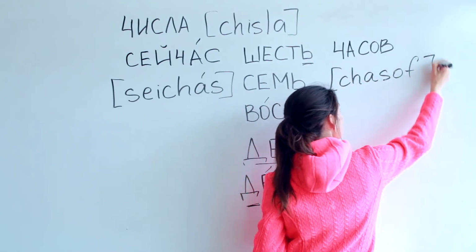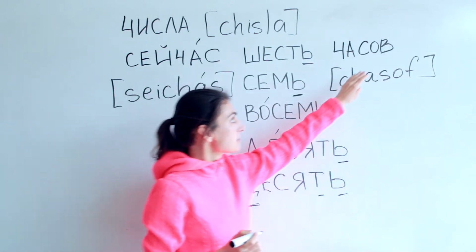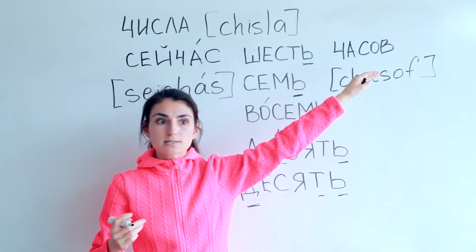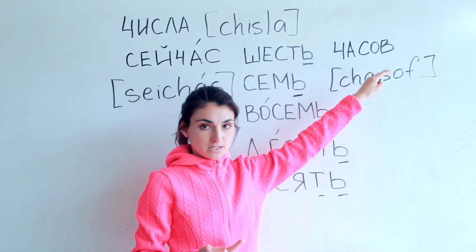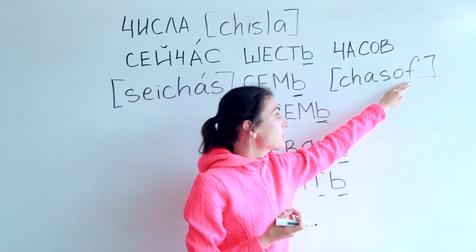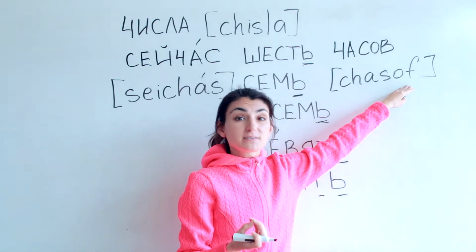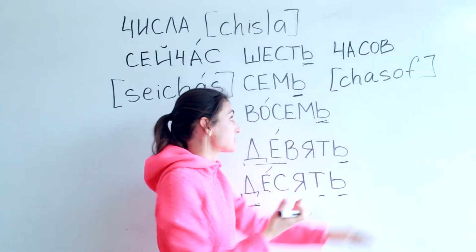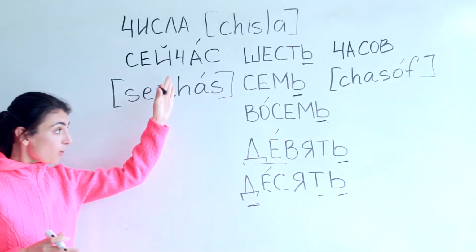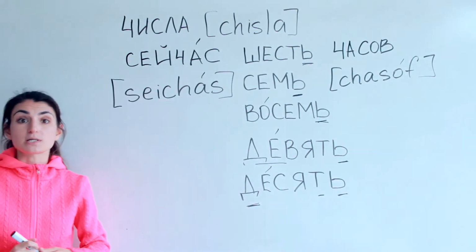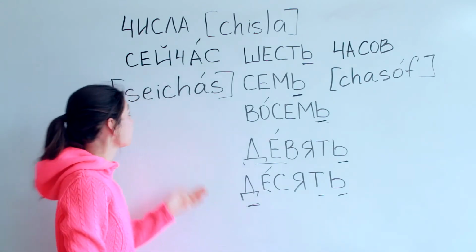Часов. So if we see the sound consonant in the end, we make it deaf. So we don't say v as a sound, but we make it soundless. Часов.